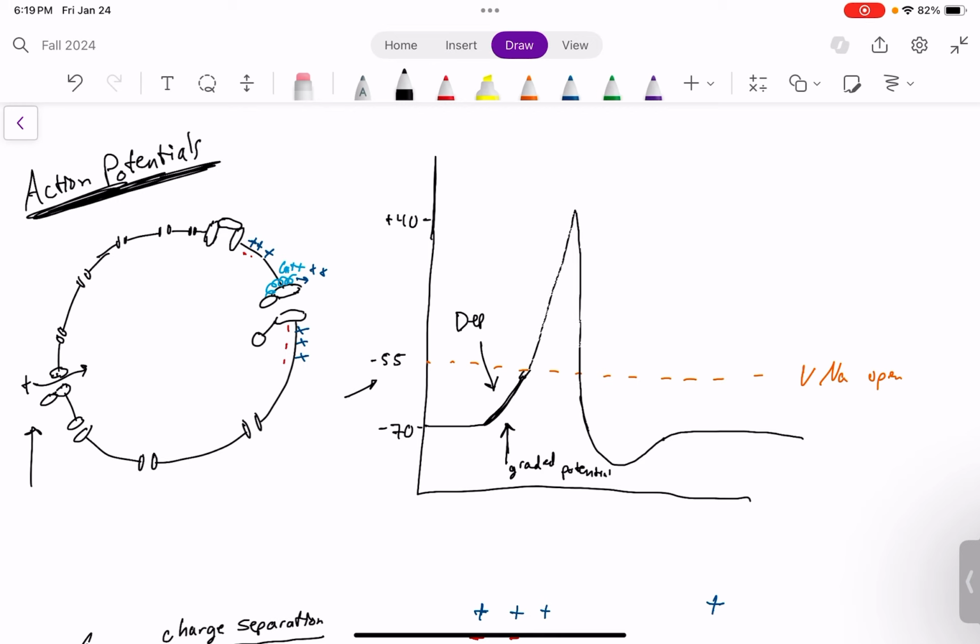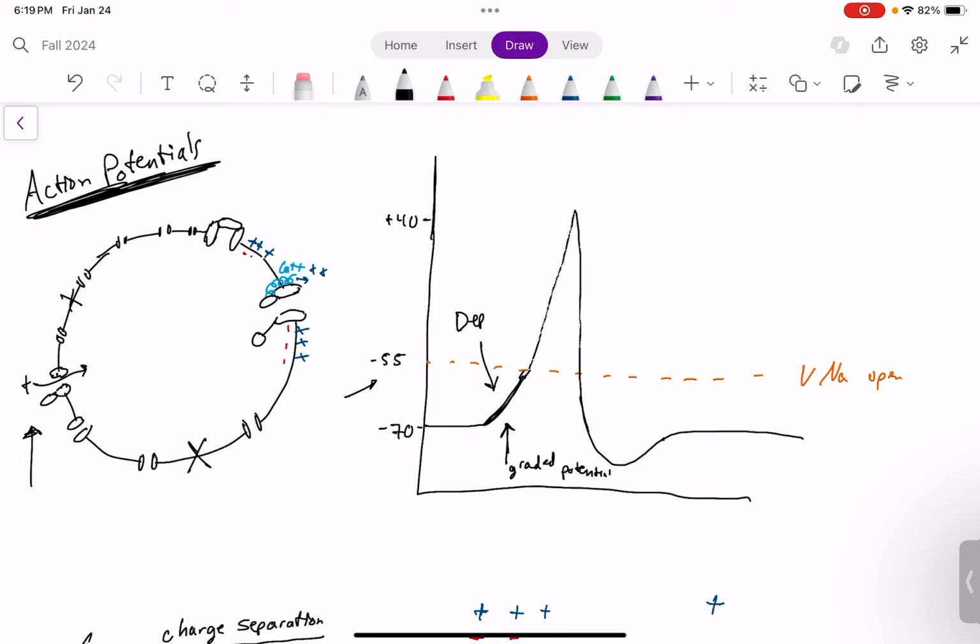So if there's a mechanically gated channel here that allows positive charges to rush in, and then there's another one right here on the membrane too, and the same thing happens there, and then the same thing happens over here too, that would be multiple graded potentials added together to then cause an action potential, because it depolarized the cell up to threshold.